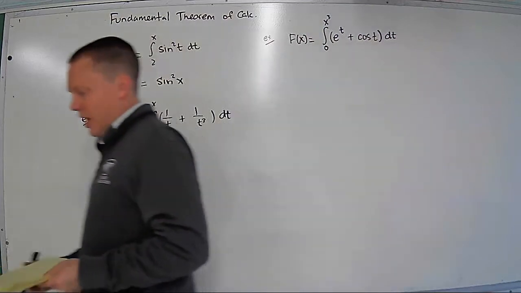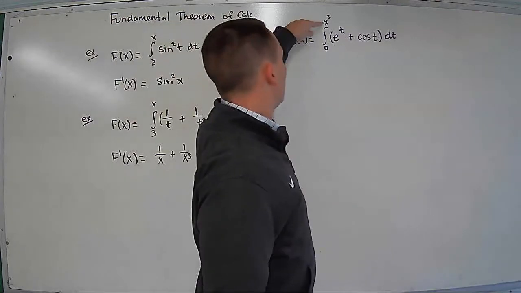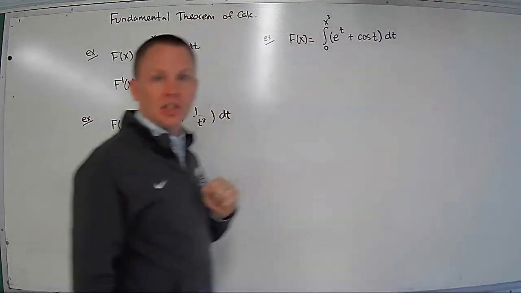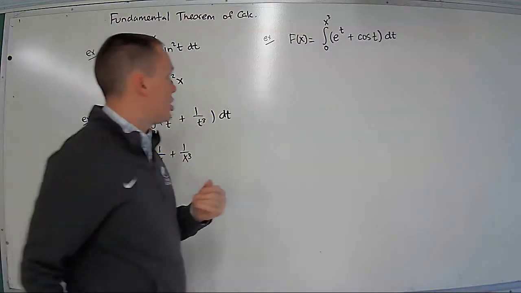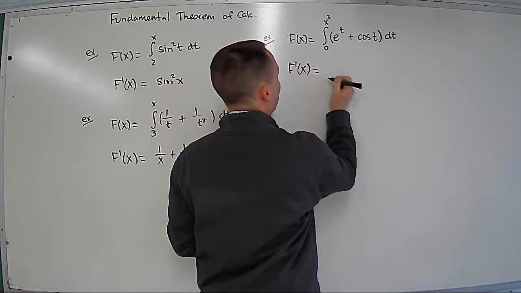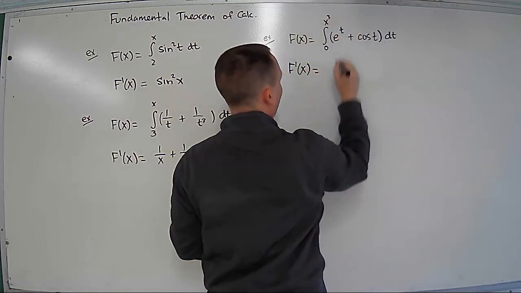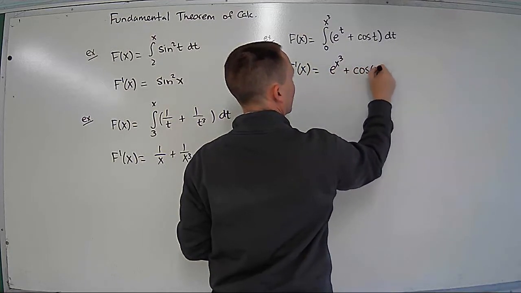Now we're going to do a composition. This isn't just an x up there, it's an x cubed. So the chain rule is going to come into play. How do we execute the chain rule on this? Pretty simple. You still bring this down: e to the x cubed plus cosine of x cubed, like that.